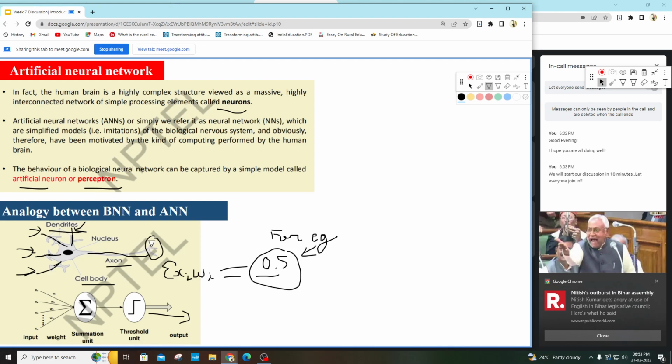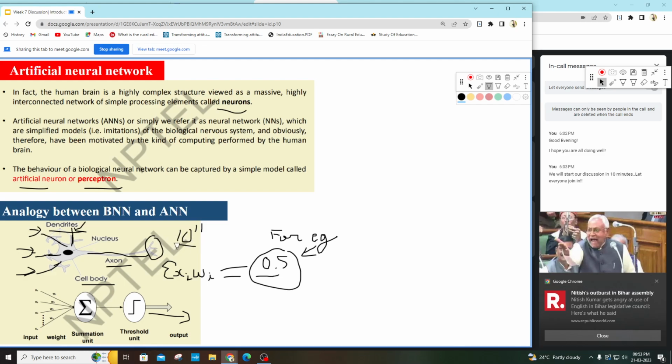Like this neuron, there will be many neurons. Our brain normally consists of 10 raised to the power 11 neurons. So like this there will be more neurons attached, but your information will only pass if it has some importance. Only after this will your information pass from this neuron to this neuron.